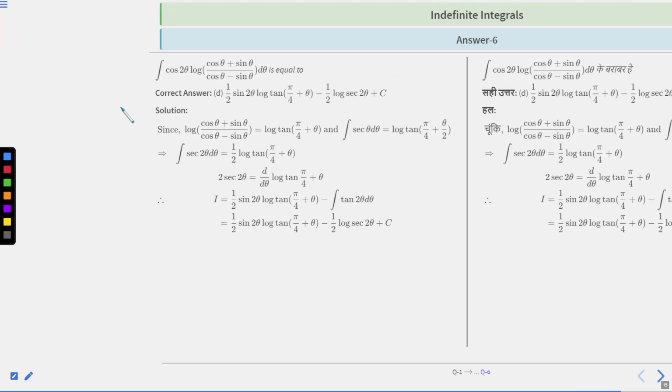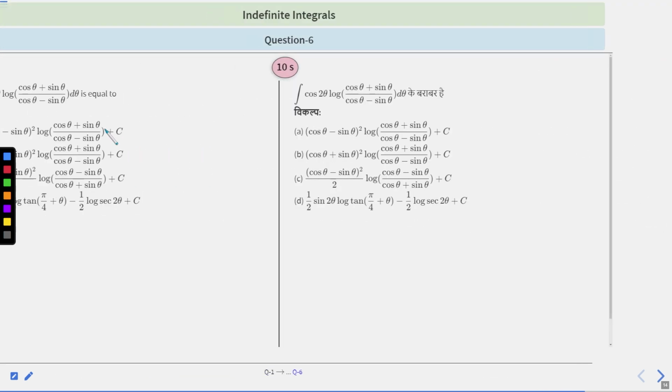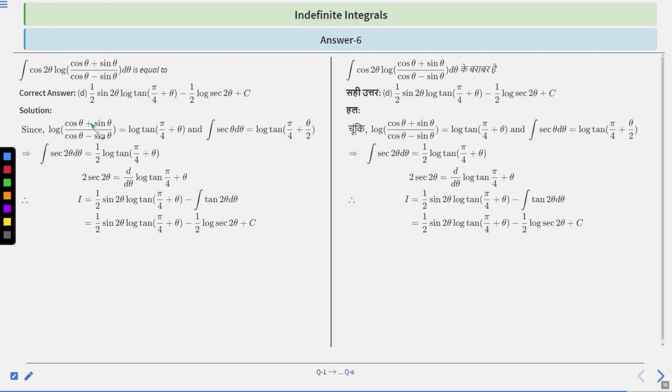Okay, let's move to the solution part. In the options, one thing you can observe is that pi by 4 plus theta is there, so you might convert into that form. So log ((cos theta plus sin theta) upon (cos theta minus sin theta)) can be written as log tan (pi by 4 plus theta), because you can take cos theta common in the numerator and the denominator inside the log, and it will cancel out.